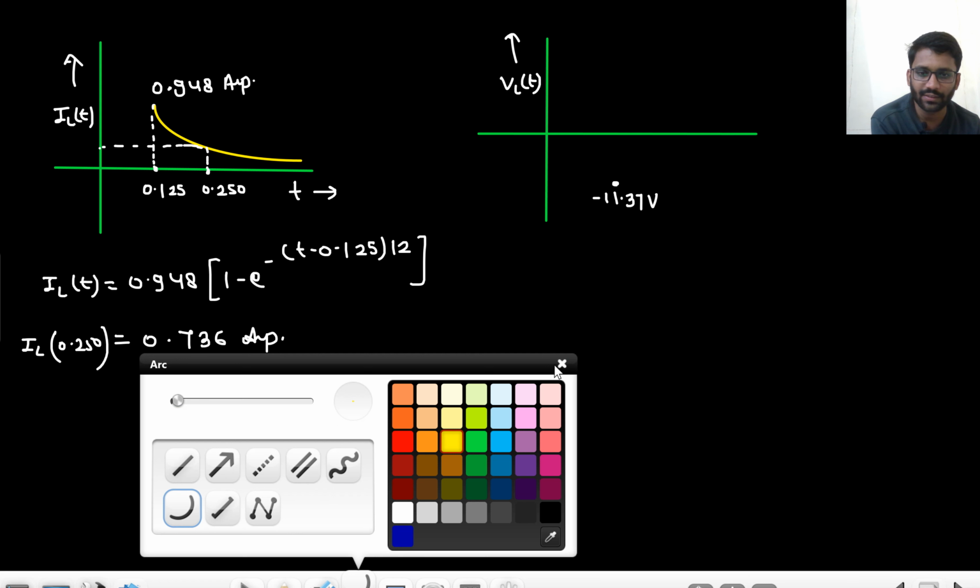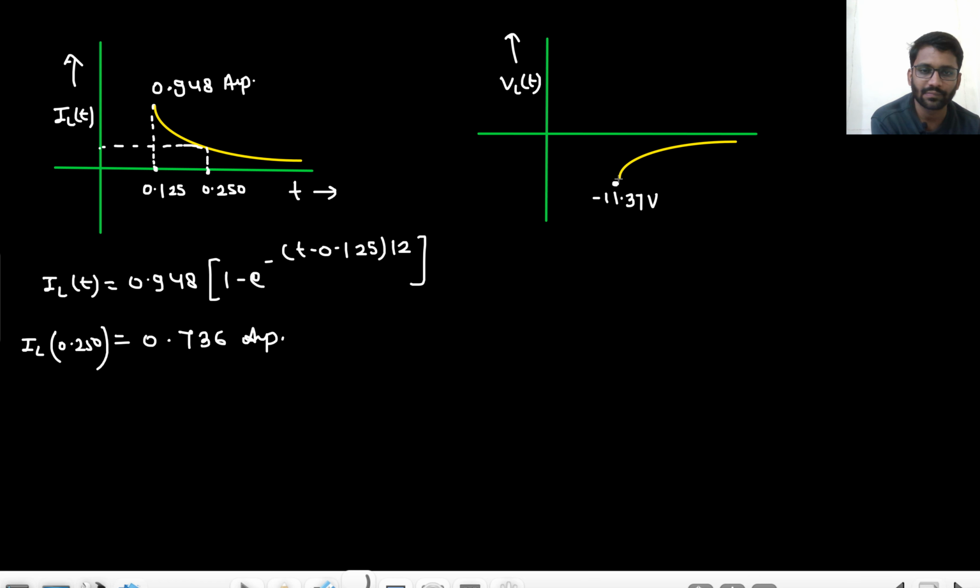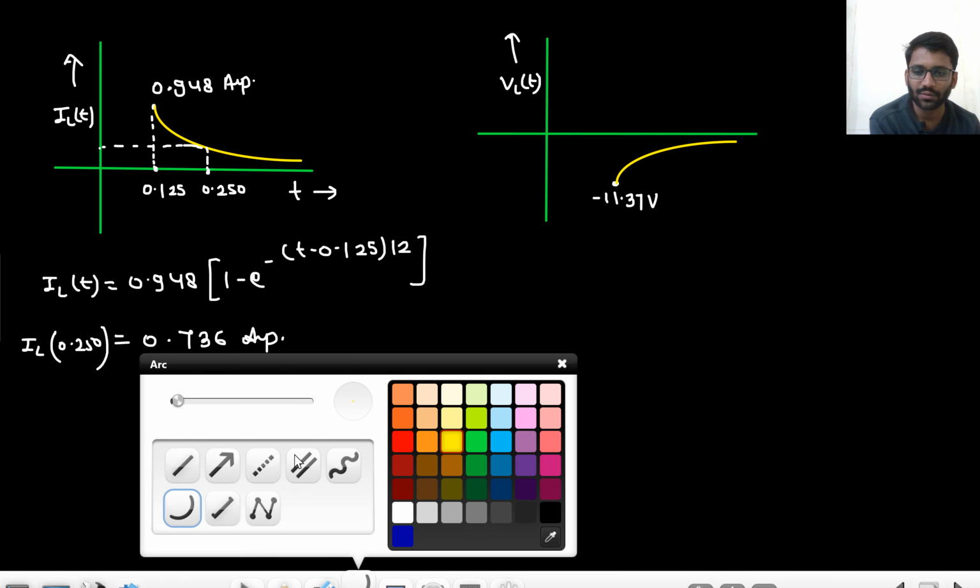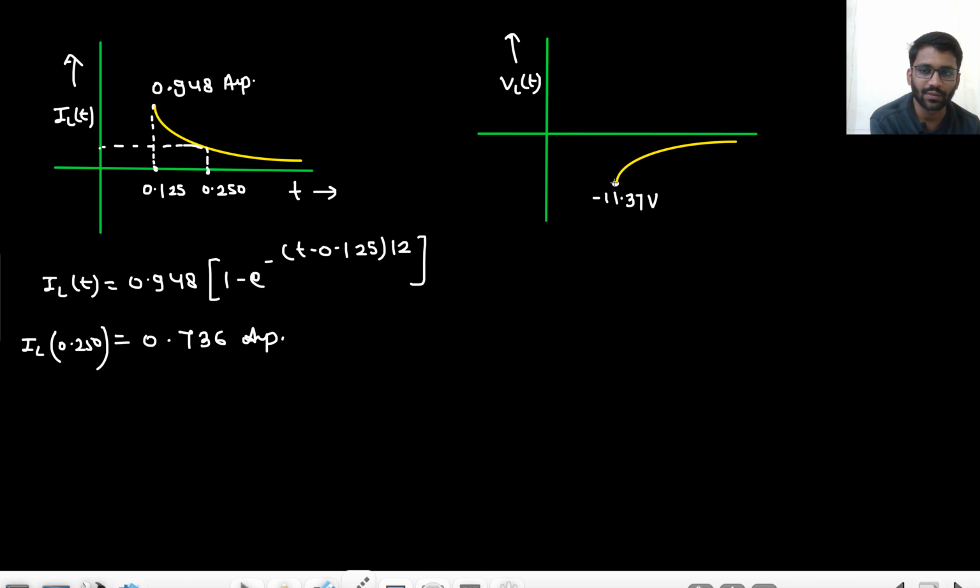But I am not really interested in finding the magnitude at t equals to 0.125 second. Why am I not interested in finding the magnitude?